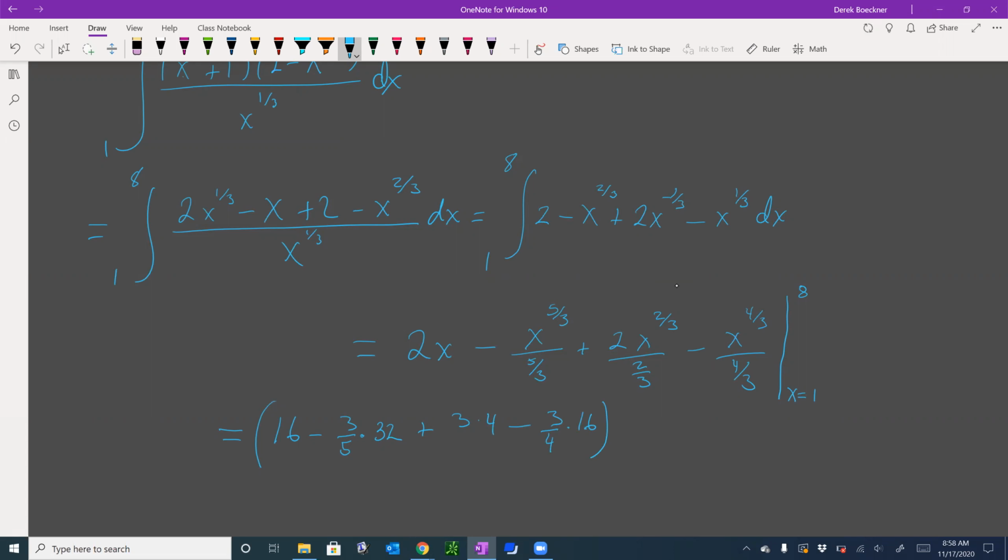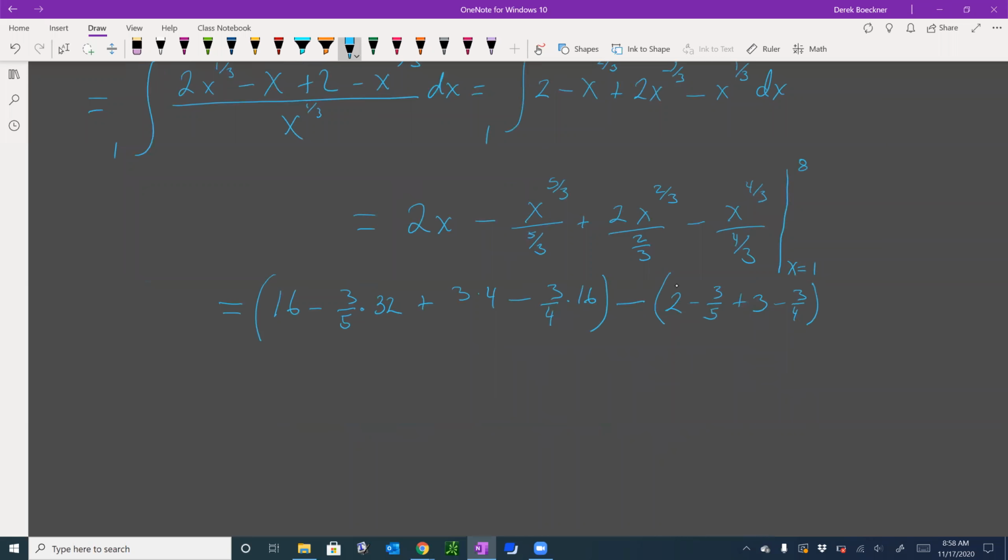Okay. Then minus, I evaluate all this stuff at 1. That's going to be 2. This is just going to pull off the coefficients, minus 3/5 plus 3 minus 3/4. So I'm going to have 20ths, it looks like, because I got a 5 in the denominator and a 4 in the denominator.